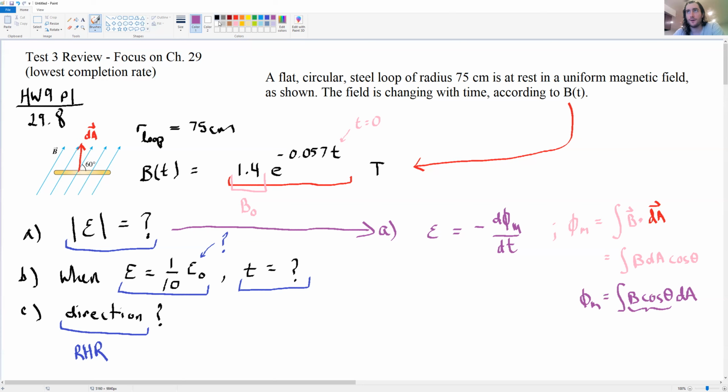But on the surface of this loop, which I'm trying to highlight in blue for you in the figure, the magnetic field is constant everywhere on the surface. What is the value of the magnetic field on the surface? It's this value right here. It's this whole function.